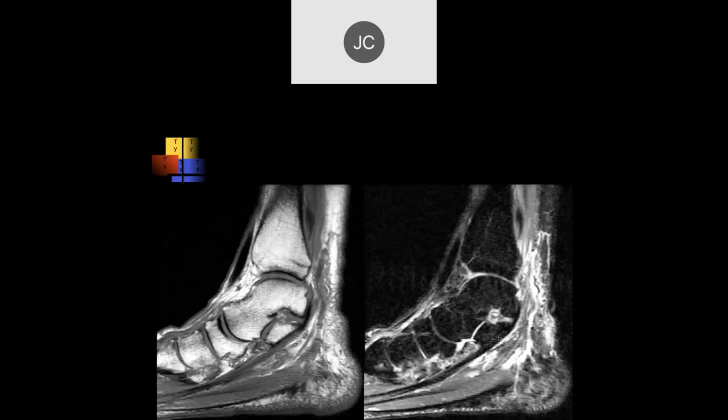Well, this is the flexor hallucis longus, and that's just fat. What I'm concerned about is here. So it's like a retracted tendon? Exactly. So this is a complete rupture of the posterior tibialis tendon with retraction.